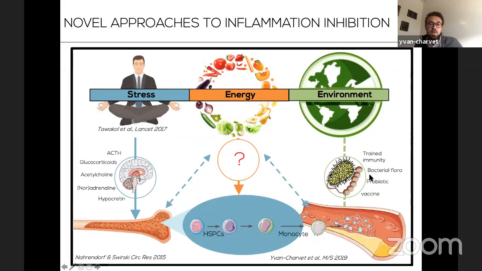It could train immunity. We know that bacterial infection, probiotics, and vaccines could contribute to changing the disease. But what we know less is how energy contributes to all these different mechanistic steps, not only changing the bone marrow hematopoietic system but also locally affecting macrophage behavior.